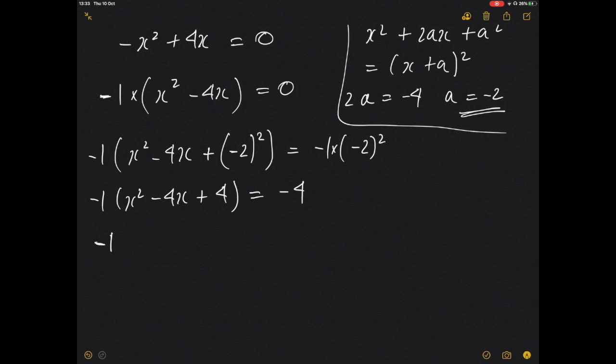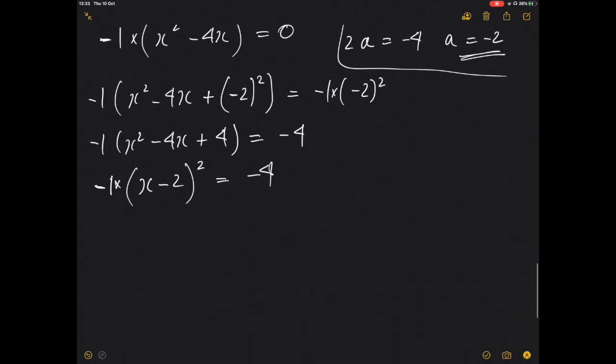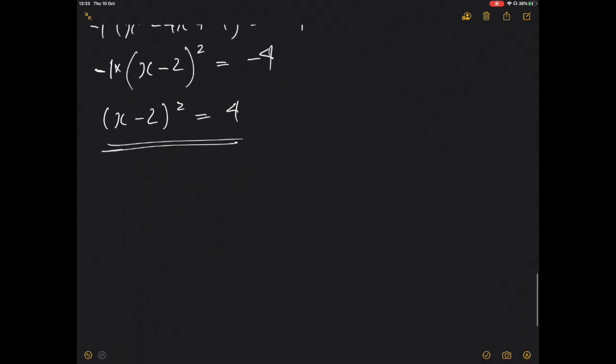We can say that negative 1, open our brackets, multiplied by x plus negative 2, squared equals negative 4, and let's just tidy this up a little bit. We can times by negative 1 and say x minus 2 squared equals 4, and that would be our answer, and that would be a solution which we could just go through and solve.